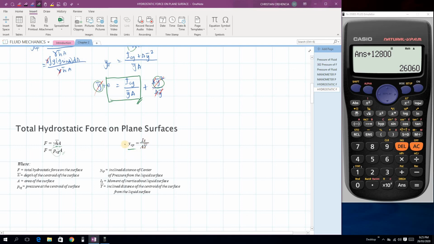Then the distance E is the moment of inertia about the center of gravity only, but still over area y bar.